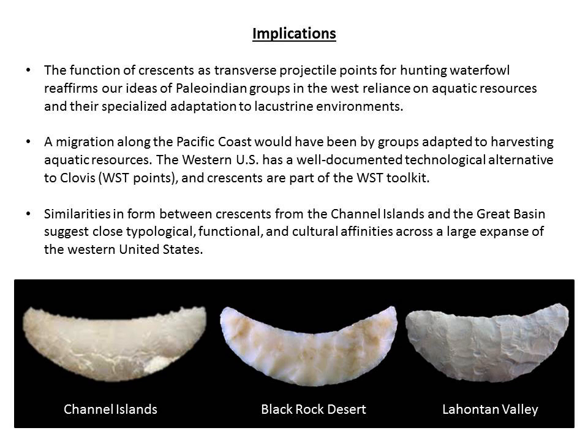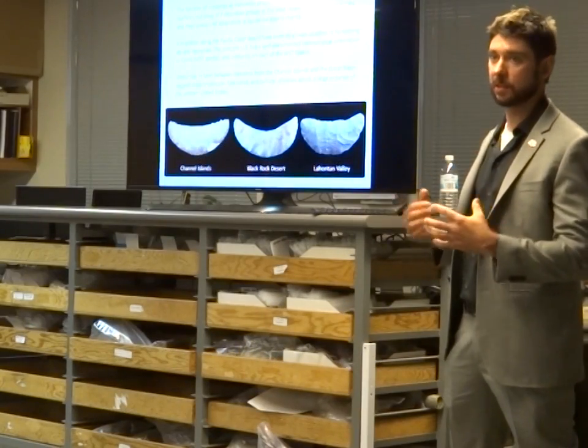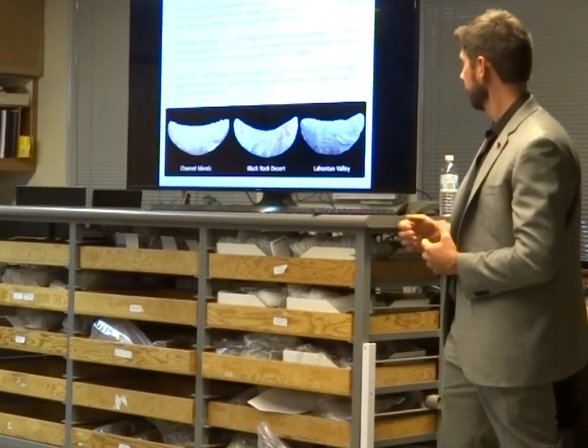Western stem points are coming in contemporaneous with Clovis, and crescents are part of that toolkit. And so similarities in form between crescents from places like the Channel Islands and the old riverbed, Black Rock Desert, suggest close typological, functional, and cultural affinities across a large expanse of the western United States.